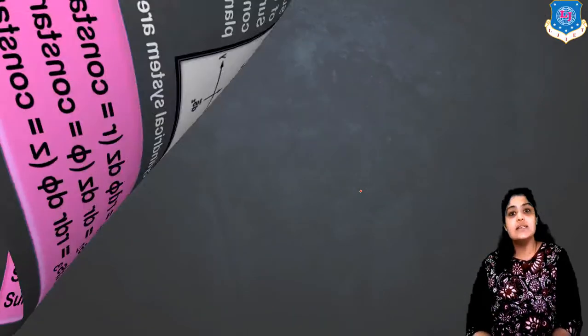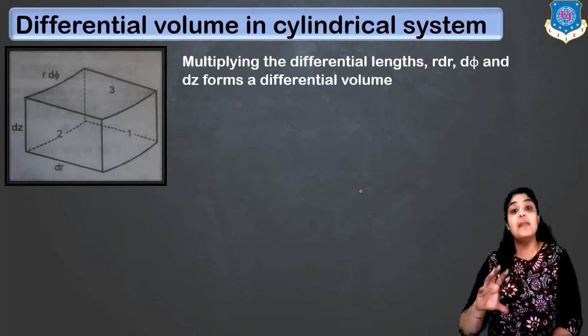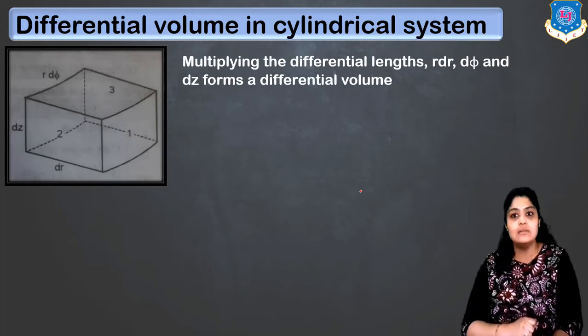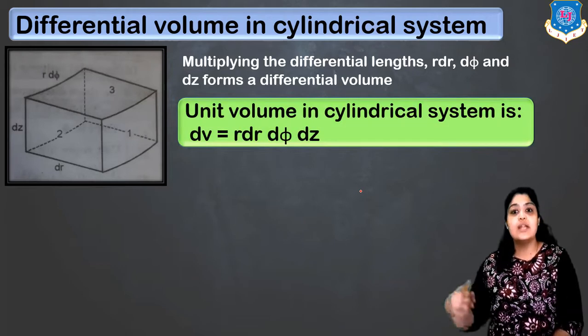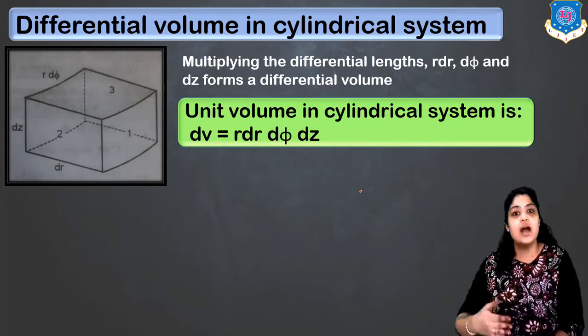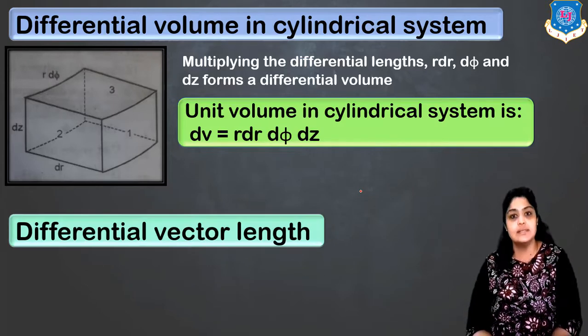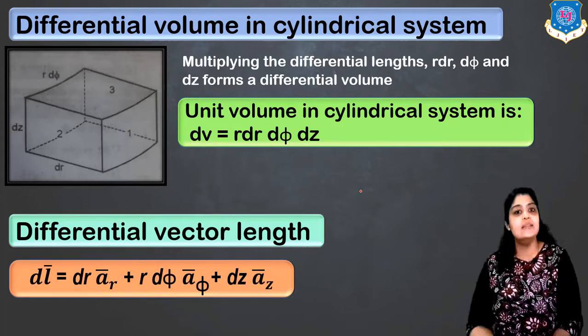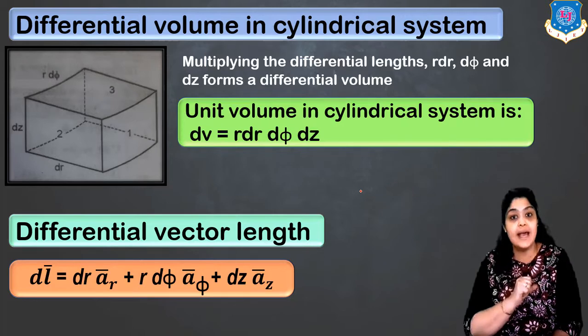Let's discuss the differential volume in a cylindrical system. It's just the multiplication of all three differential lengths. So differential lengths, we have dr, r d phi and we have dz. That gives us dV equals r dr d phi dz as the differential volume in a cylindrical system. And the differential vector length dl, just try to recall the Cartesian coordinate system wherein we found out P dash, right?